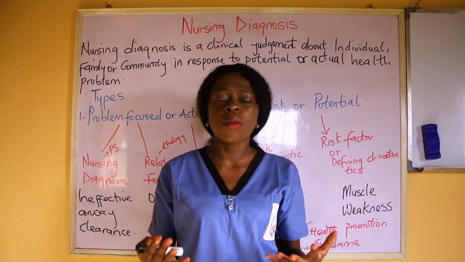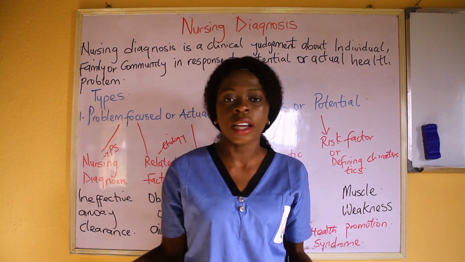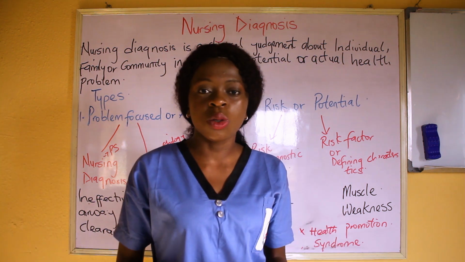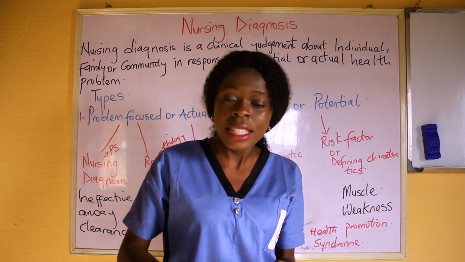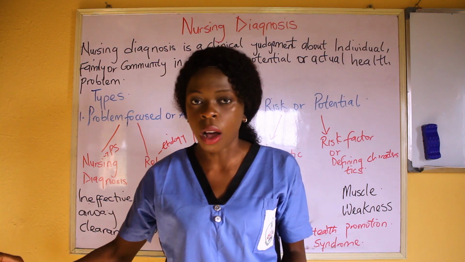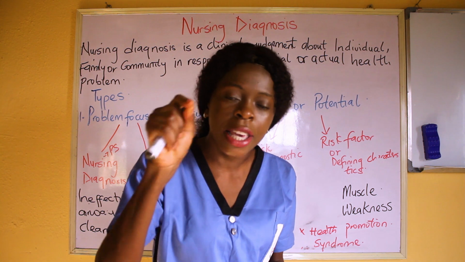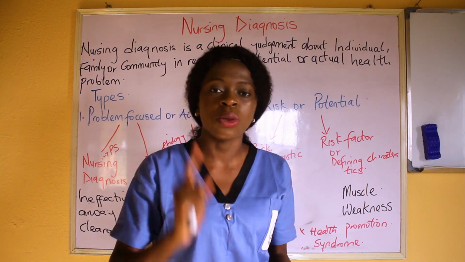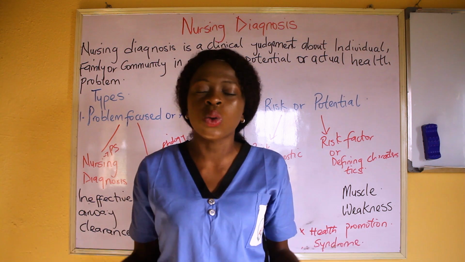But in terms of exam condition, a question comes to you and it says make a nursing diagnosis. The first thing I advise students to do is to ask yourself, are the signs and symptoms given? If yes, write the signs and symptoms down. From the signs and symptoms, you will be able to develop your nursing care plan and your nursing diagnosis. Then the next question is, oh, the signs and symptoms are not given. What do I do?